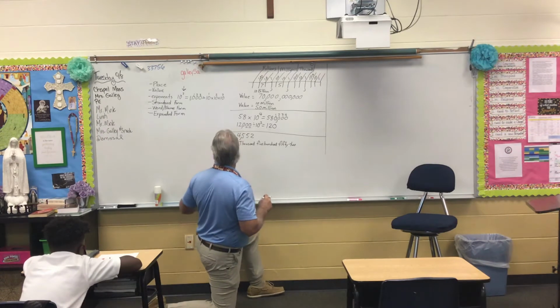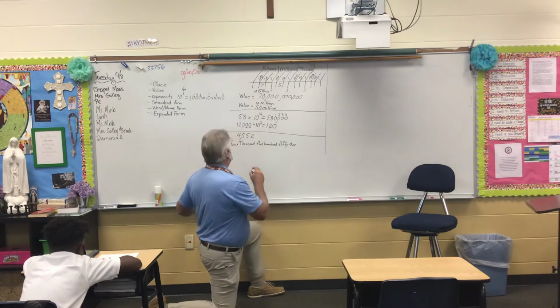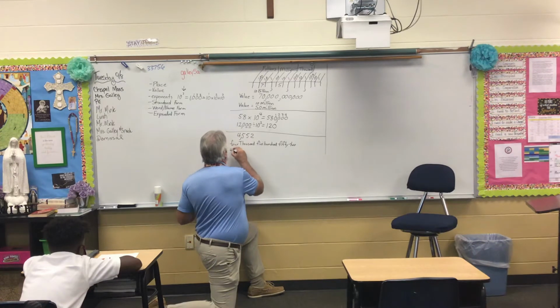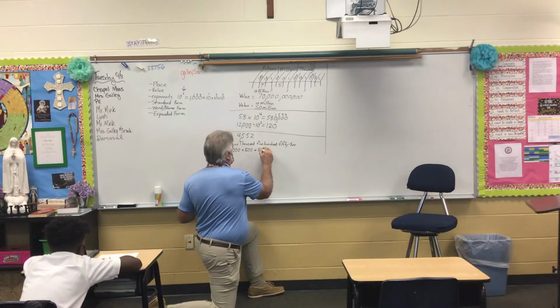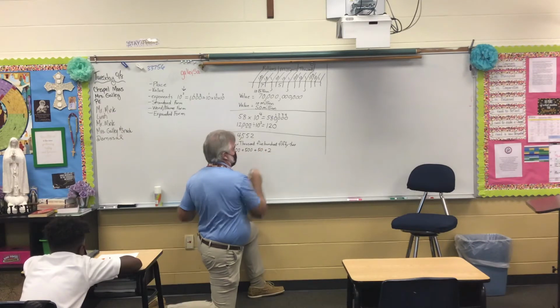The last one is expanded form. One way to do it, 4,000 plus 500 plus 50 plus 2.